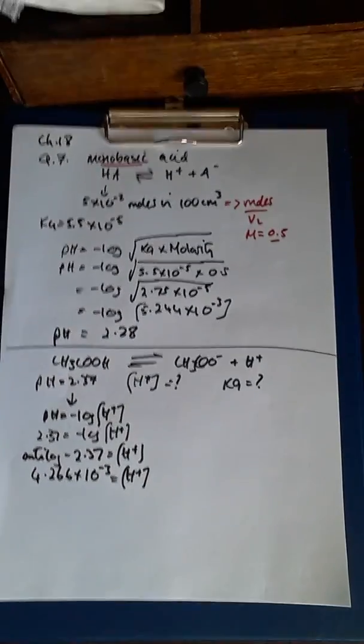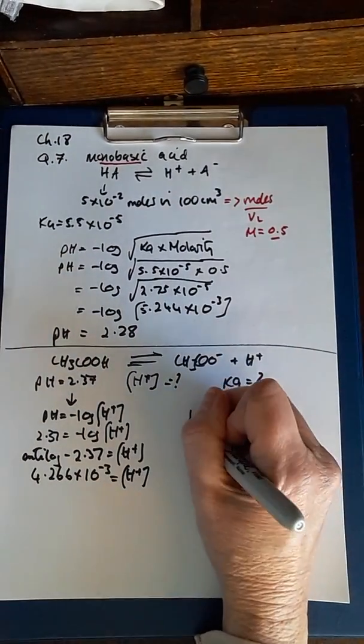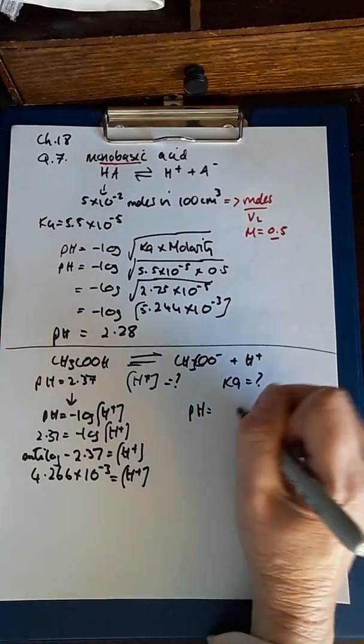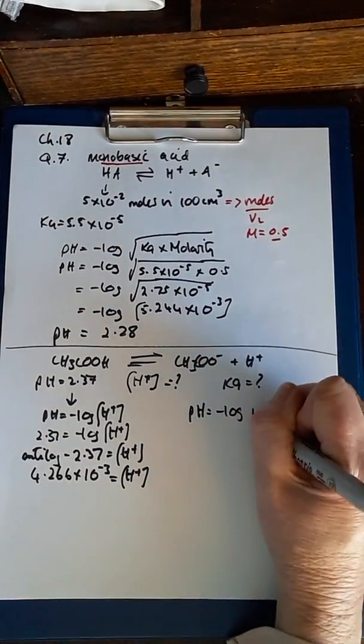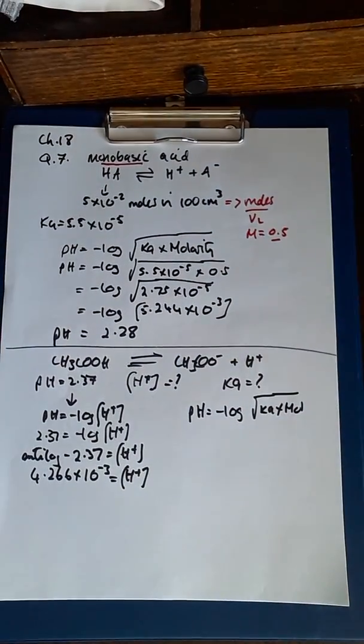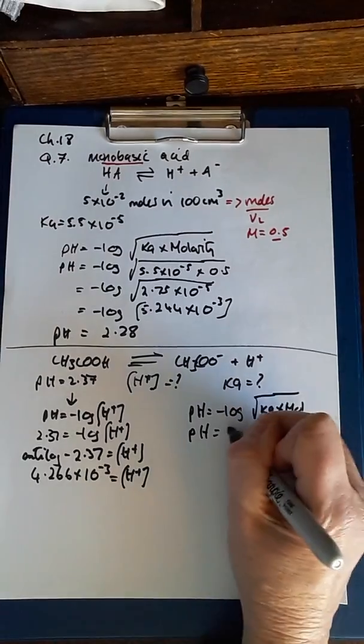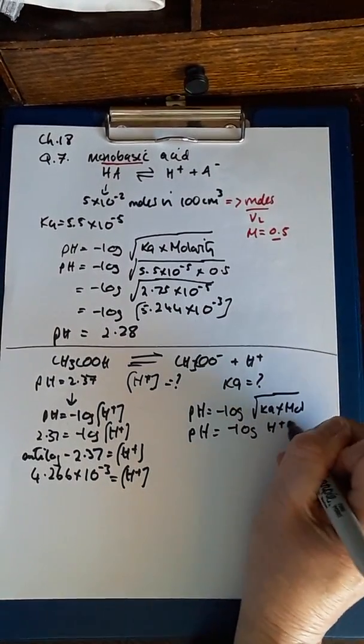Now, to find the Ka. Remember that the pH for a weak acid or a weak base is minus the log of the square root of Ka by molarity. And pH is also minus the log of the H plus ion concentration.